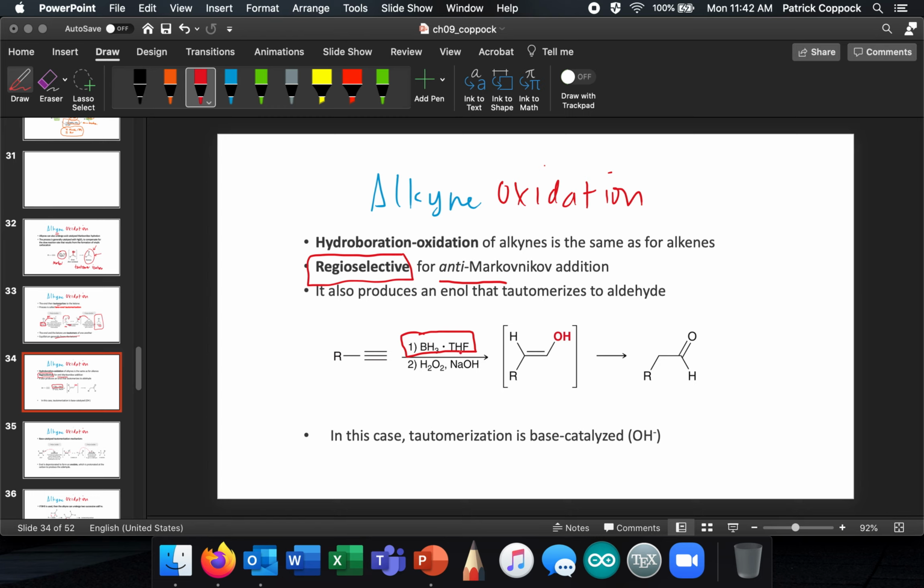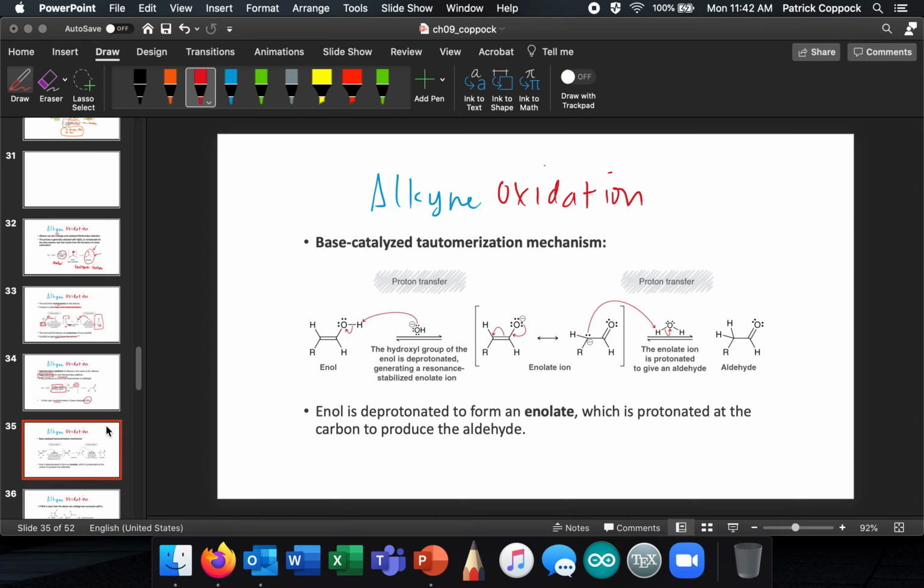A borane THF complex, and then we follow it up with hydrogen peroxide and sodium hydroxide, and we get the anti-Markovnikov addition. This is tautomerized by base, which we'll see in a second. We'll go through this mechanism in just a second. Matter of fact, we'll do that now, on the next slide.